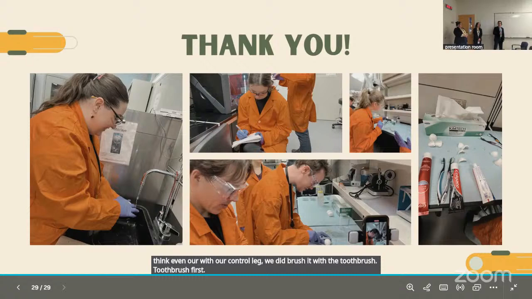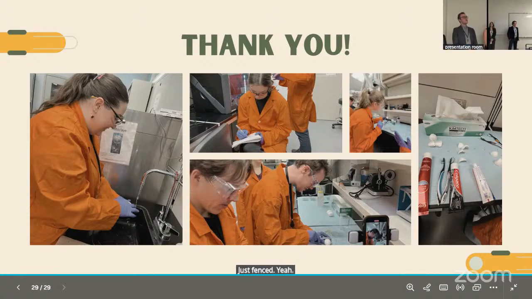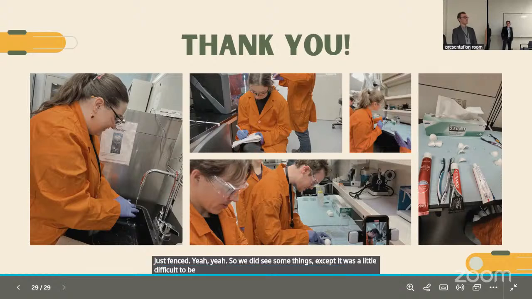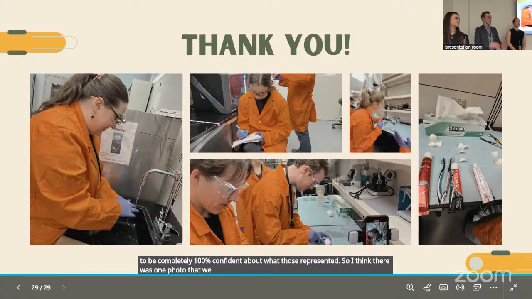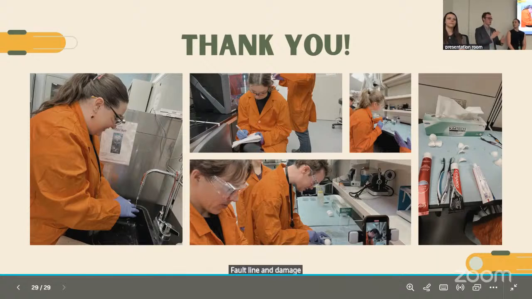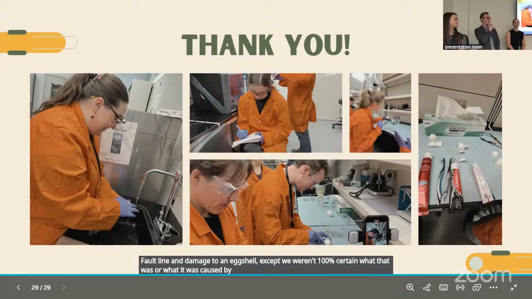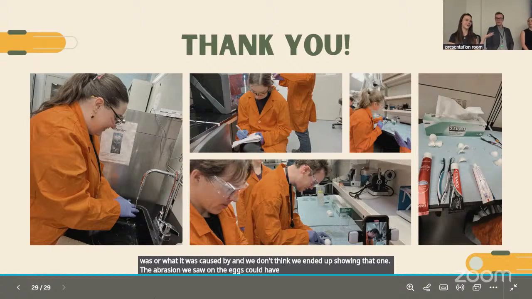So we did see some things, but it was difficult to be 100% confident about what those represented. There was one photo that we didn't show that showed what we assumed was a significant fault line and damage to an eggshell, except we weren't 100% certain what that was or what caused it, and we don't think we ended up showing that one. The abrasion we saw on the eggs could have been caused by our sawing them apart. It could have been breaking them into smaller pieces.